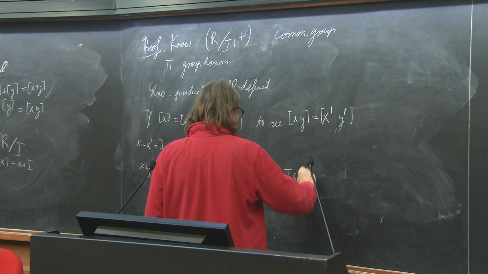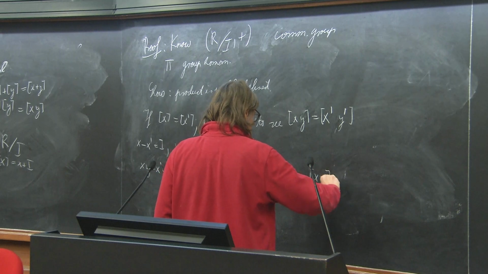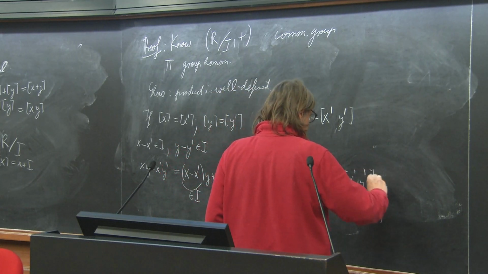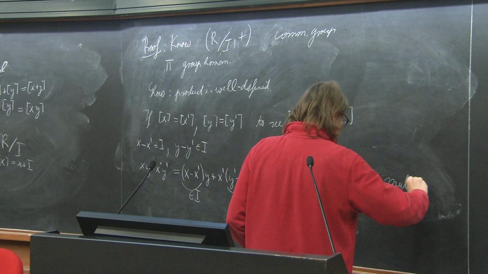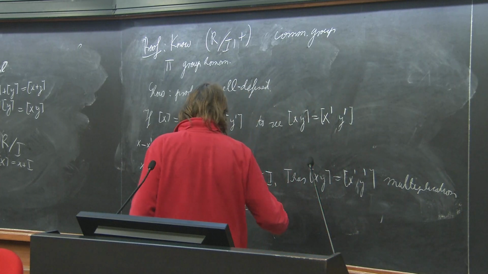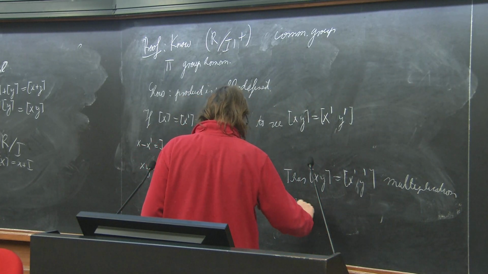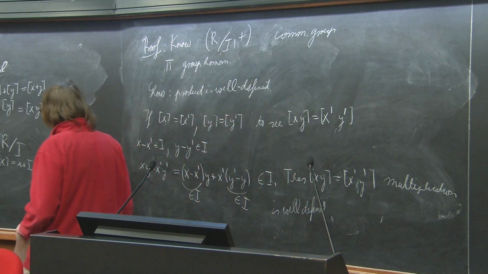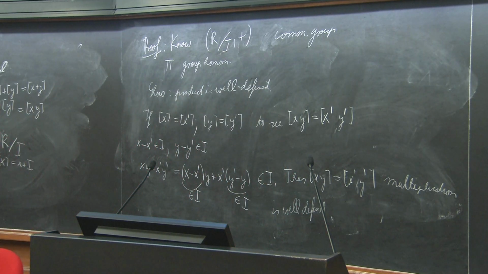Thus xy is in the same class as x prime y prime. So multiplication is well defined. And now it's trivial to see that the other axioms hold, so that we have the associative law.